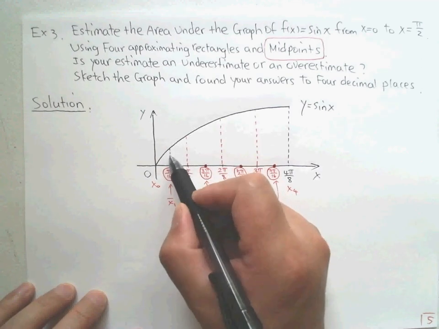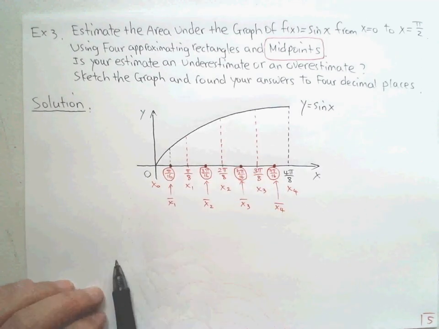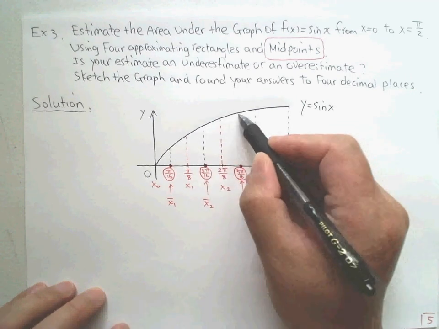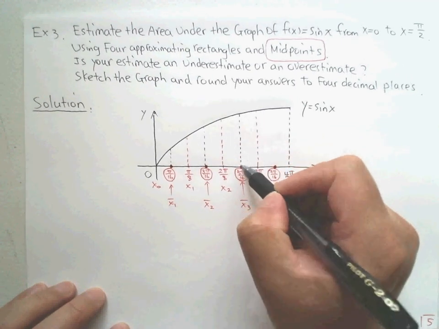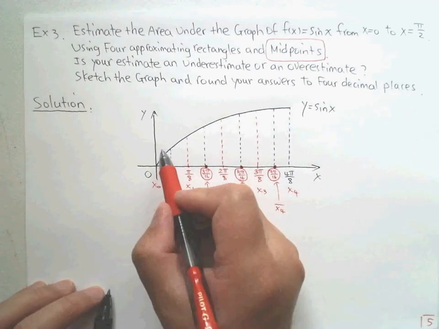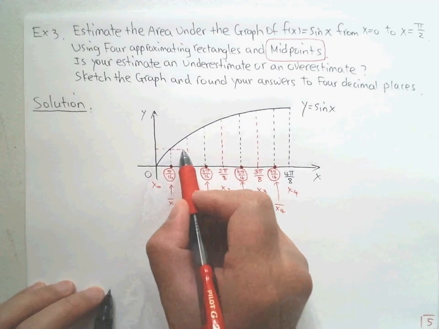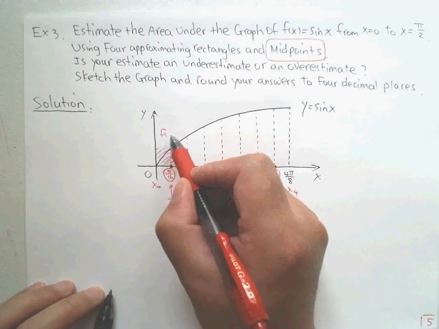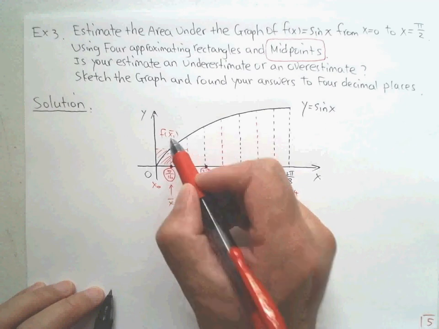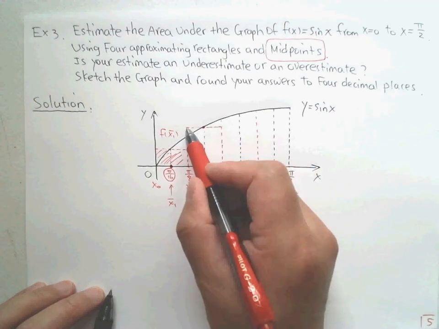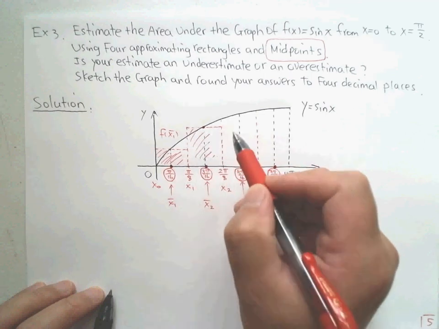What is the rectangle? Okay, this is the height. I just put it here. This is the height of the second rectangle. This is the height of the last rectangle. Okay, and then we draw it just like this. The first height is f at x1 bar, right? The second is this height, we draw the rectangle.